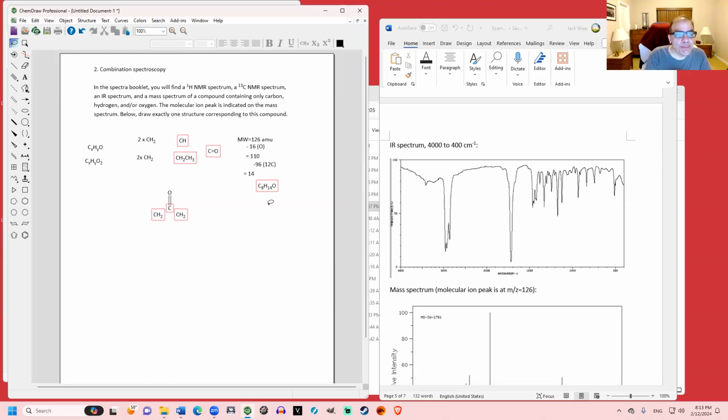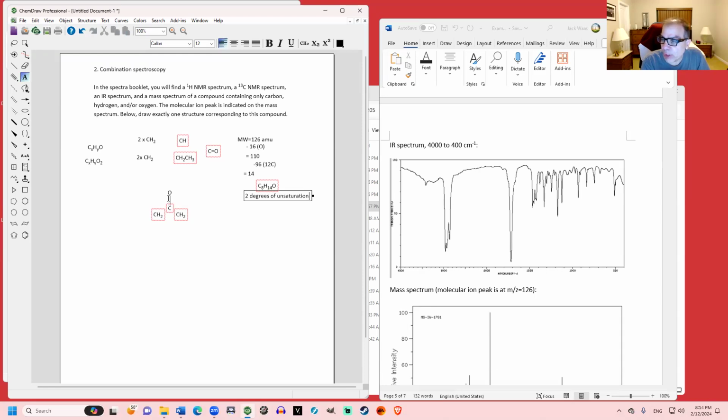Actually, I left out a very important step. Looking at the formula, C8H14O, that means there's 2 degrees of unsaturation, or the index of hydrogen deficiency is 2. That means we either have 2 double bonds, 2 rings, or a ring and a double bond. We already know there's 1 double bond in the carbonyl, in the C double bond O.